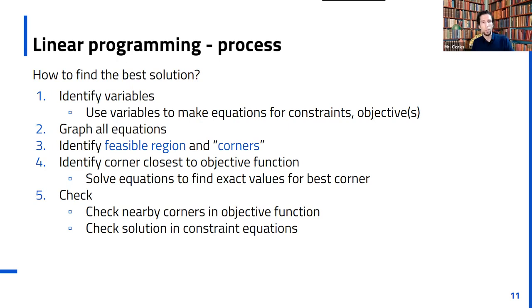Then graph everything, find the region, find the corners, and find the corner that's closest to your objective function. If it's far away, shift your objective function closer until you can see which corner is the best. Then we can do some algebra to verify exactly where that point is if needed.